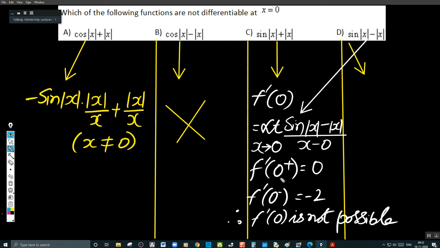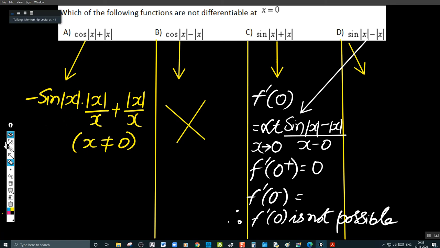And similarly, f dash of 0 minus also, this becomes plus x. Anyone, please, do you help me out in writing f dash of 0 minus? It becomes mod x minus sin of mod x. Minus sin x plus mod x. So that also becomes 0. This also becomes 0.